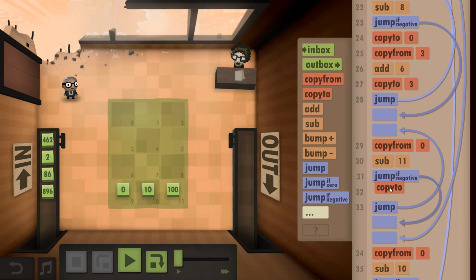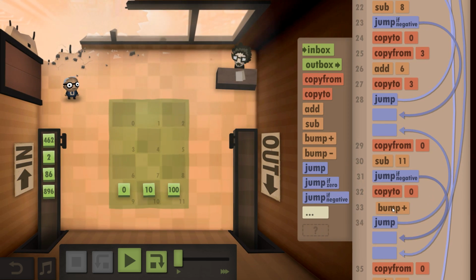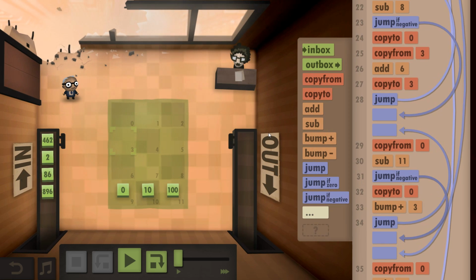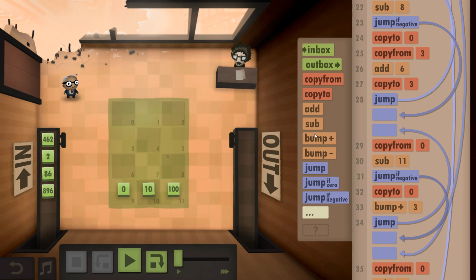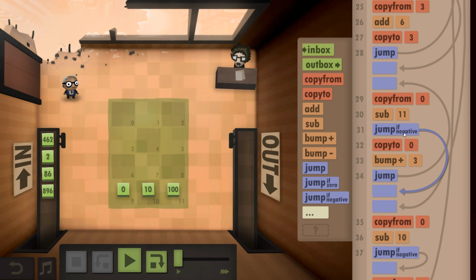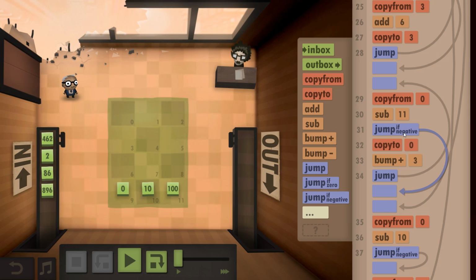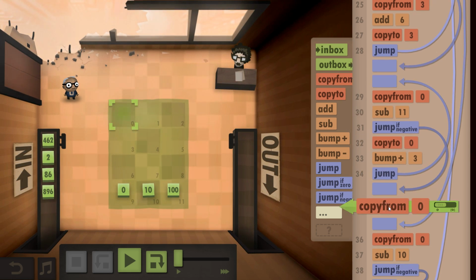So copy to 0, bump up the counter. And do it again, copy from, subtract, okay. And once it's negative, go out and outbox the counter.